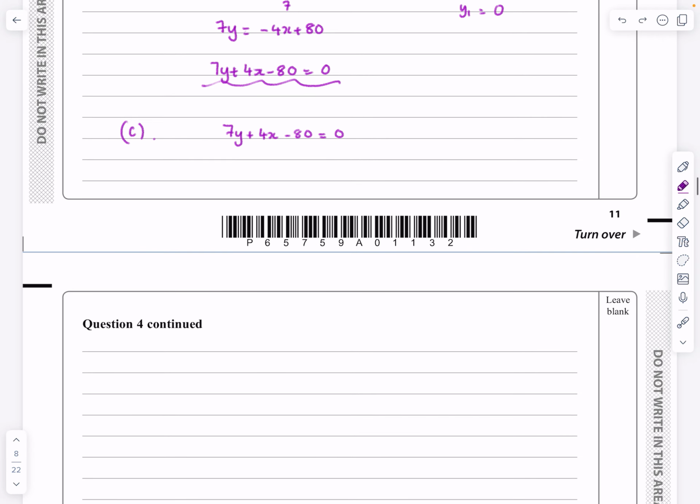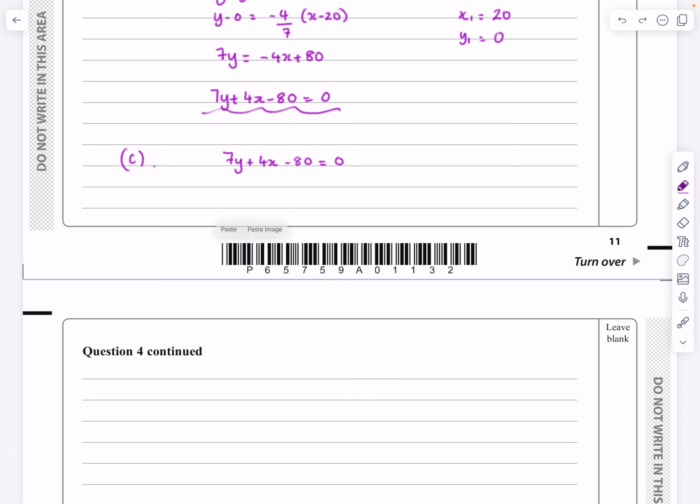So here is my equation, but what I can now do is say 7 lots of t cubed minus 40, and then 4 lots of 2t squared minus 6t, minus 80 equals 0, and now I've just got to solve this.